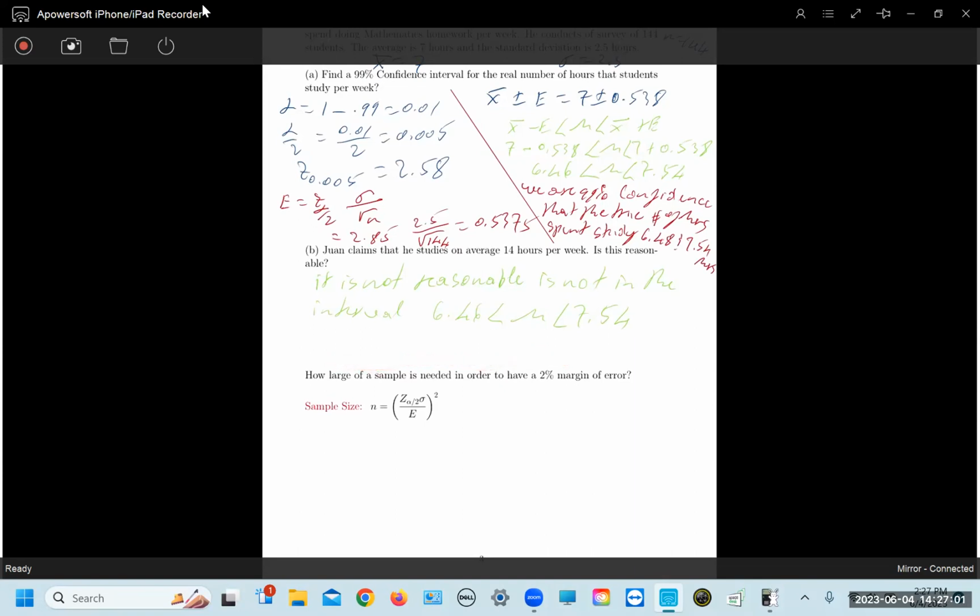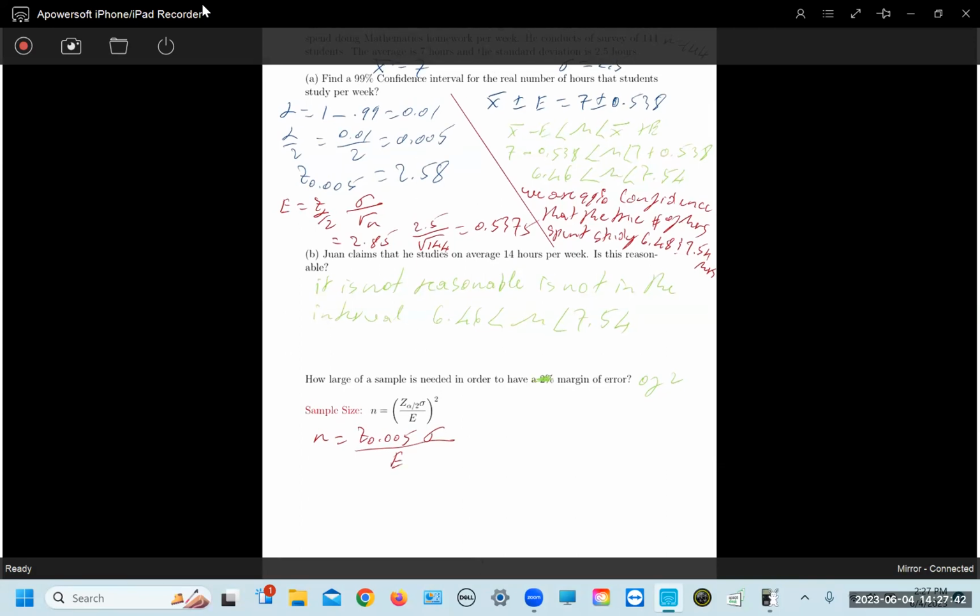So as we know, the sample size formula is n equals Z of 0.005 times sigma over E, squared.